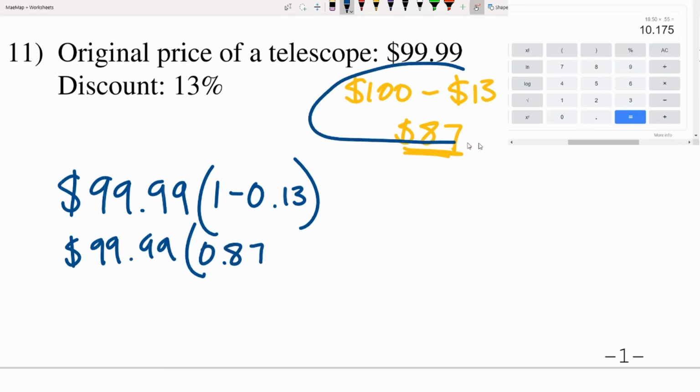So you can see up here, I could have just done 0.87 times 100 to get that $87 that I guessed. So let's enter this into our calculators. 99.99 times 0.87 is going to give us $86.99, and rounding to the closest hundredth, that 1 would round down, so it would be $86.99.